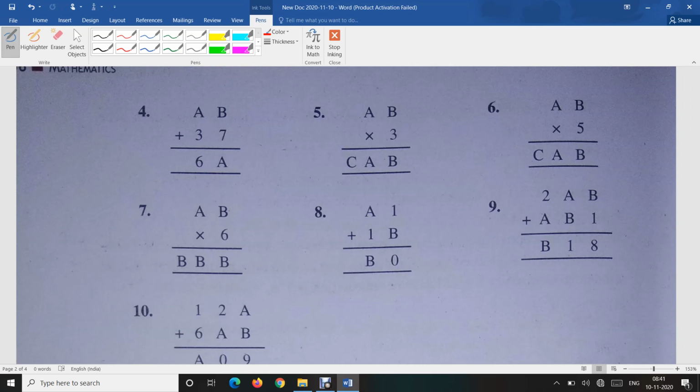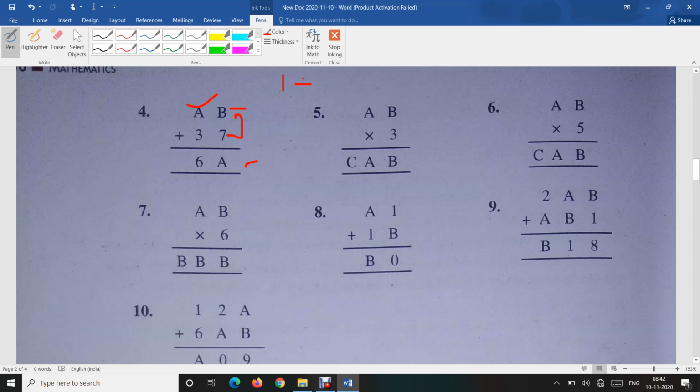So we should have b plus a is equal to 7. Then what will be the value of a? So before that we have to focus in this portion, because we want the answer.